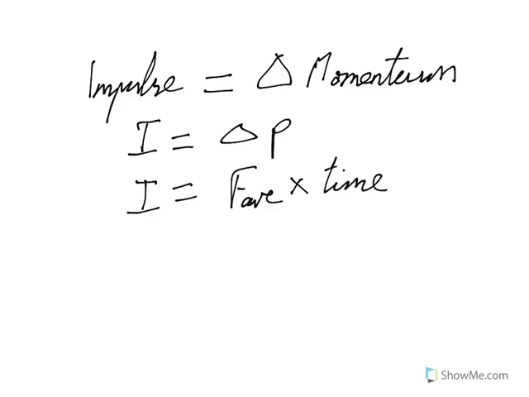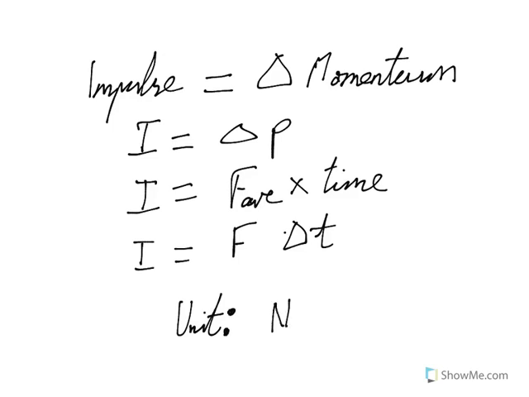Now, how we normally often see this is maybe F av, maybe not the av, but F delta t. And again, the units for this, not much thought's gone into this to be very creative, we go Newton seconds.